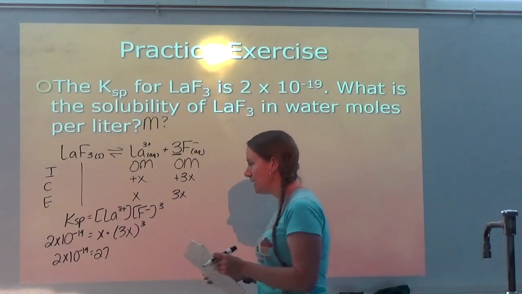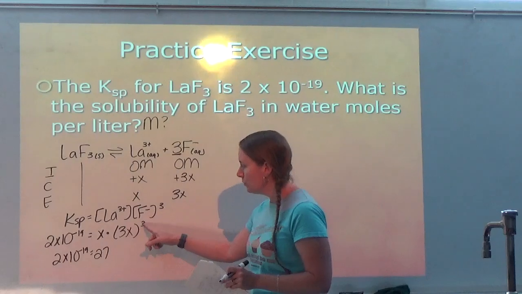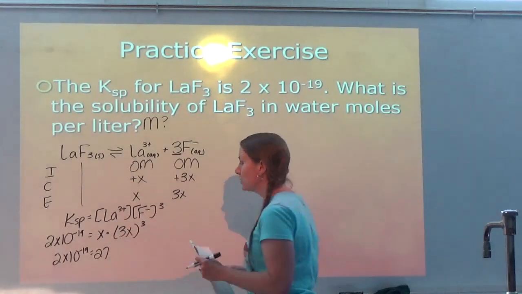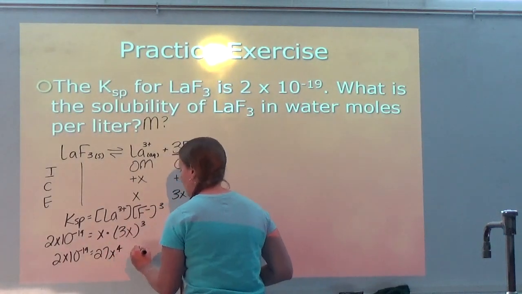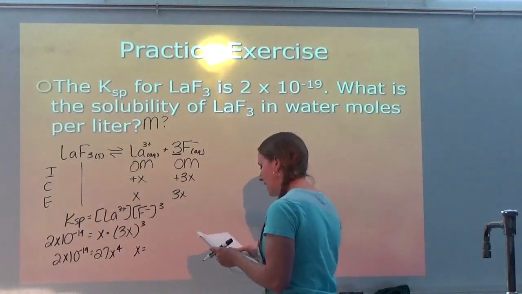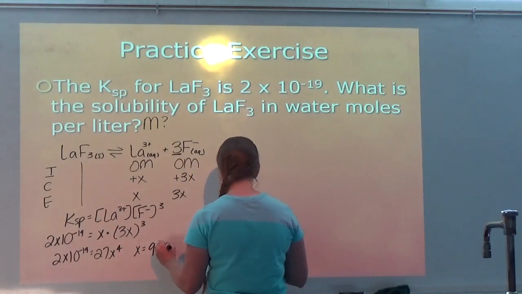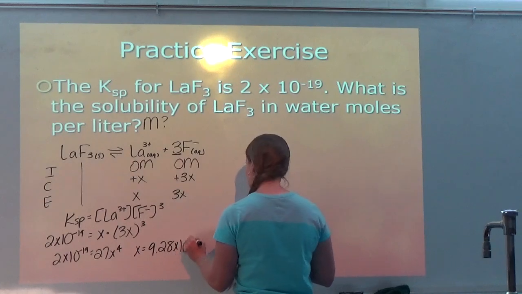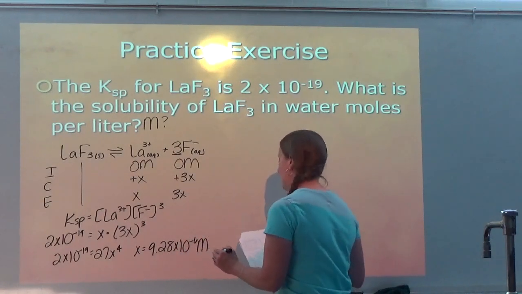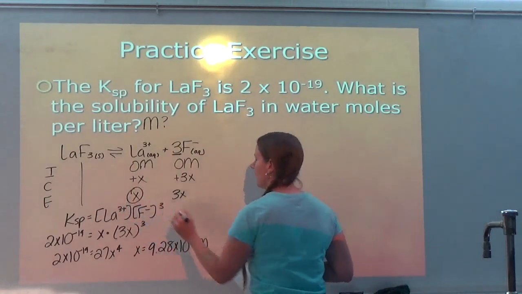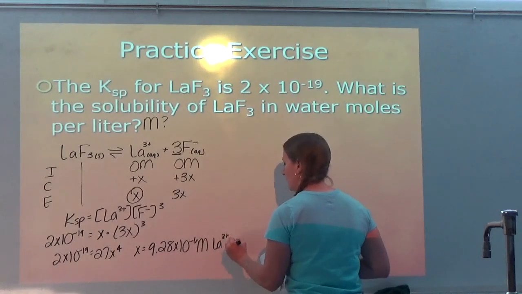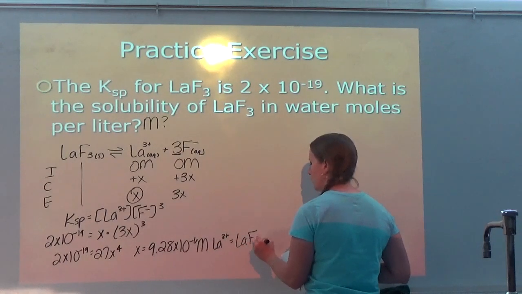All right, and then I have X cubed, but times another X, so X to the 4th. So once I solve for X, I end up getting 9.28 times 10 to the negative 6 molar, and that is for La, but that is also for LaF3.